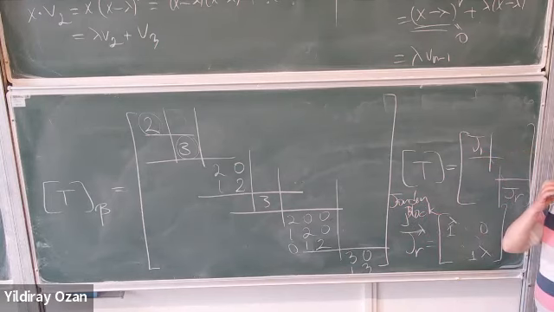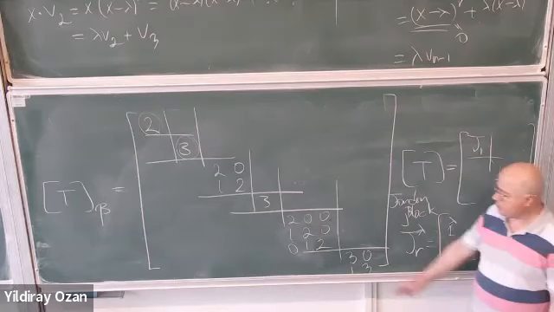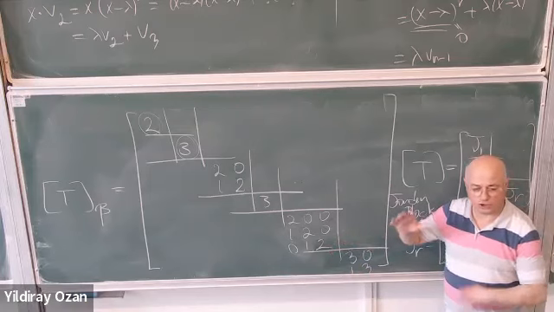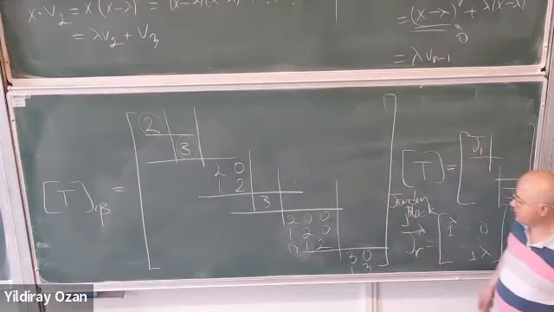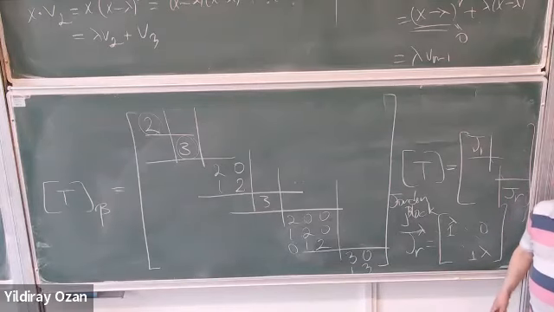Okay, understood? Now, what's a Jordan block? This matrix representation is not unique, of course, because you can just shuffle the vectors, and these blocks can interchange. But up to permutation of these blocks, it is unique. Okay.